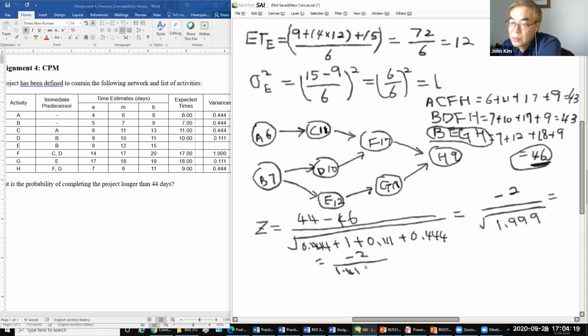So negative 2 divided by 1.41 equals negative 1.415, so approximately negative 1.4.